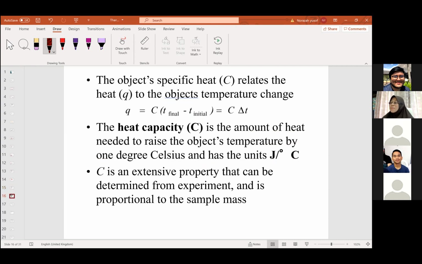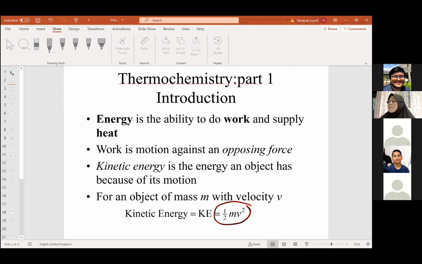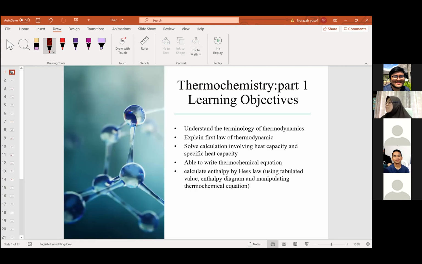So let's look at the learning objectives, what we have discussed. Some terminologies, very important for you to remember: delta E, Q plus W. What is Q? What is W? Of course, you have to understand kinetic energy and potential energy as well.